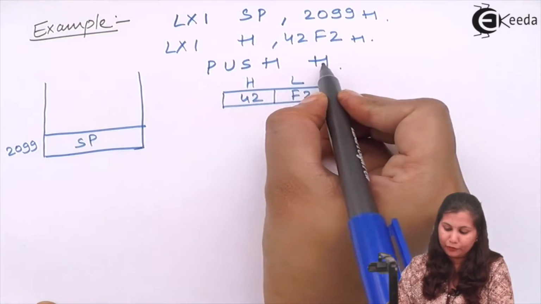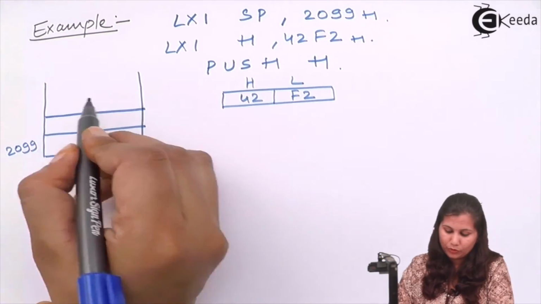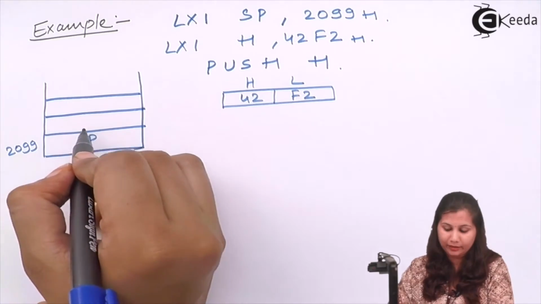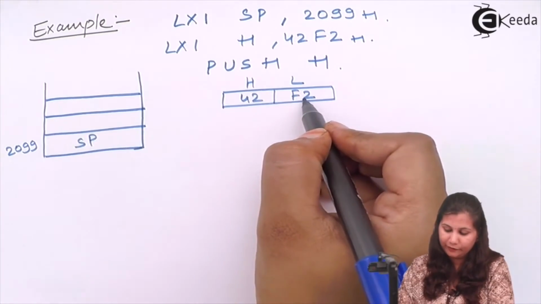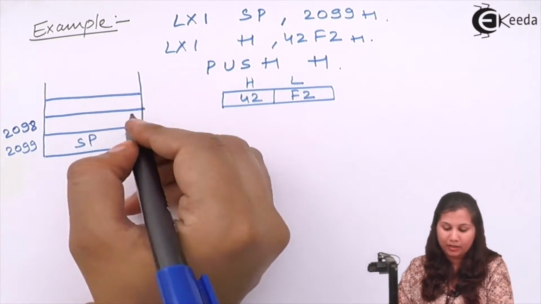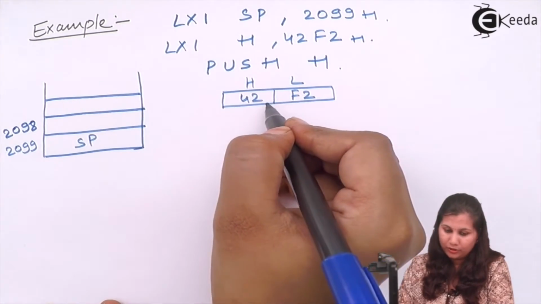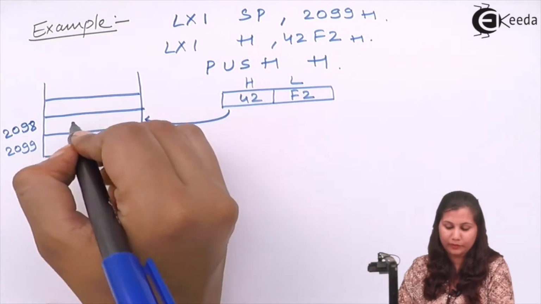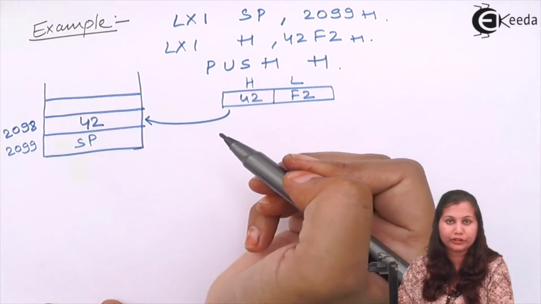Then push H. So this stack pointer will be decremented. That means its content will be 2098. Now here the higher order register, that is H, will be stored. So we will have 42.